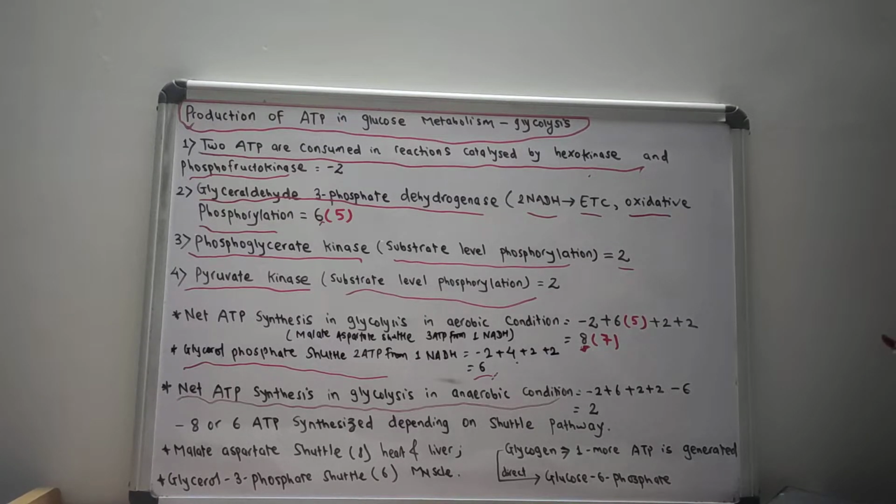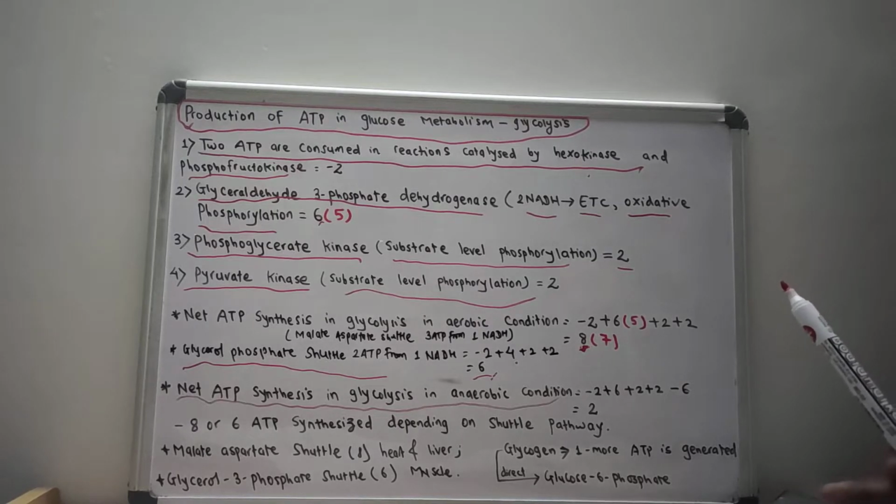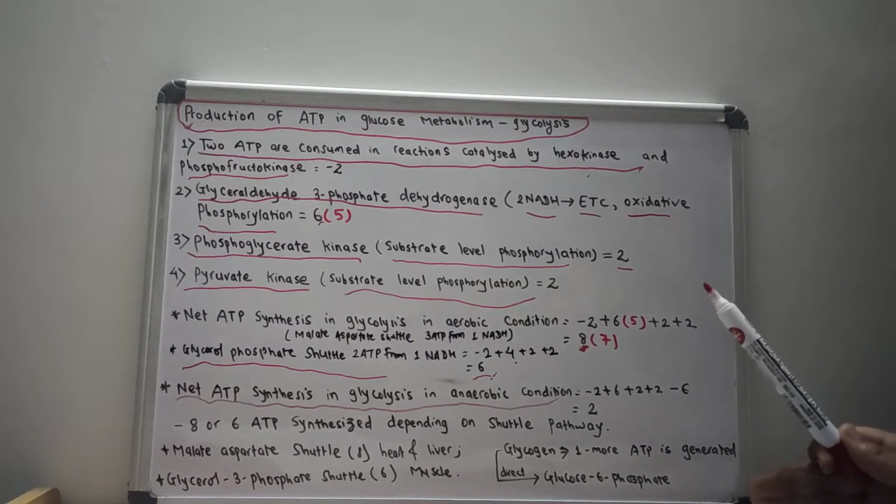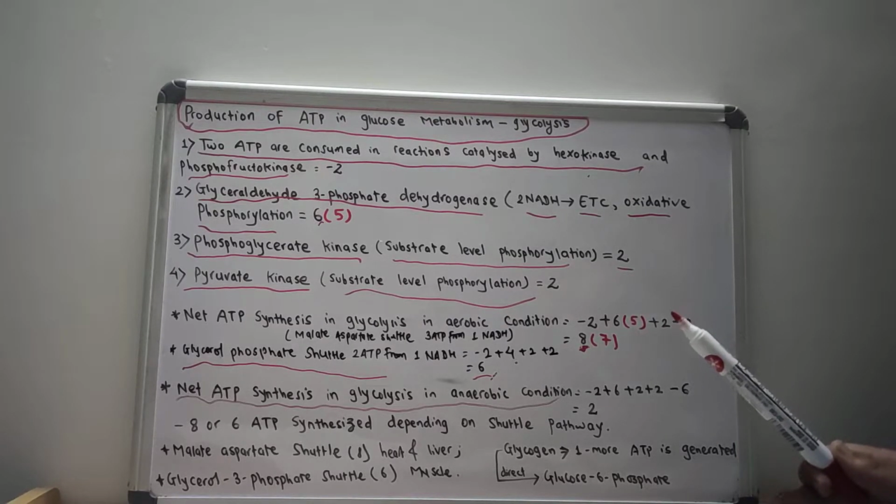So at the end, what happens if there is anaerobic condition? The pyruvate is converted to lactate by lactate dehydrogenase with the consumption of the NADH to produce the NAD plus.